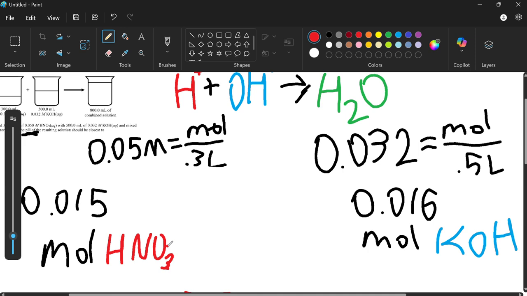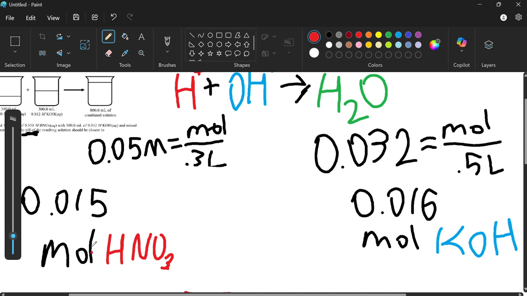The limiting reagent, if you don't remember, is just the reactant that is the lowest amount needed. It's basically the maximum amount of reactant you can use before one of the reactants runs out.